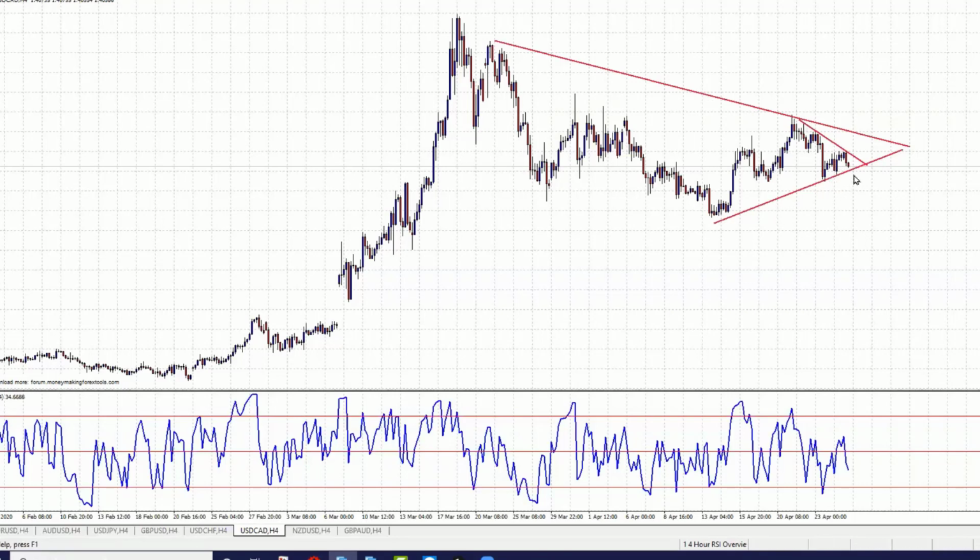Again, if it breaks below that trend line, it's likely to be a long candle, like there. See, that was a long candle breakout. Long candle breakout.